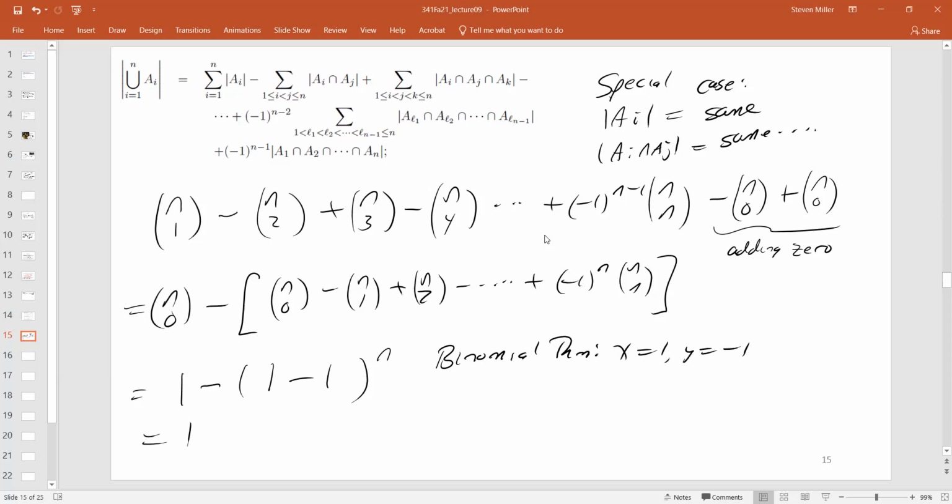Now, what's particularly nice is it simplifies when we assume the equalities above.